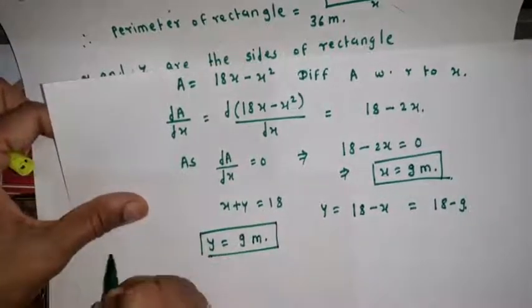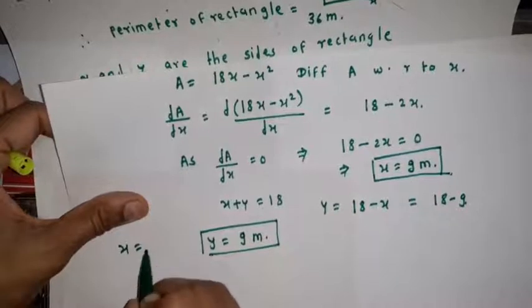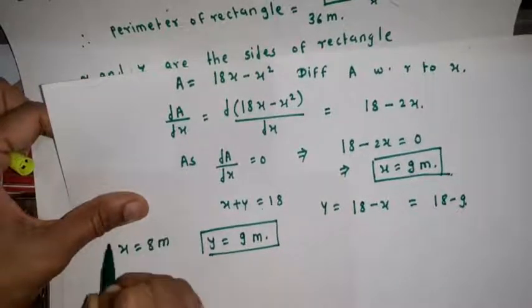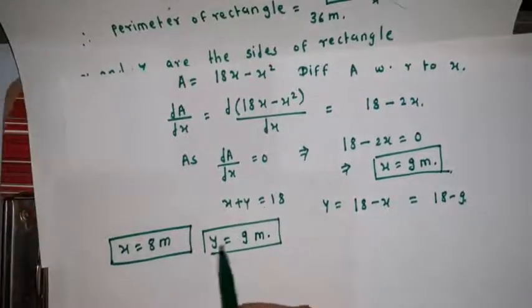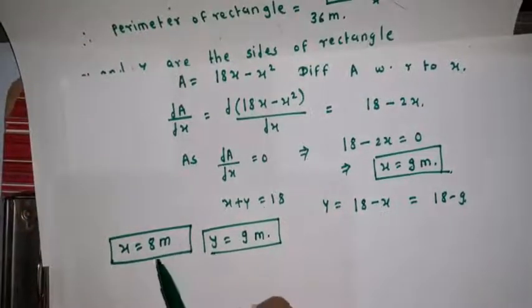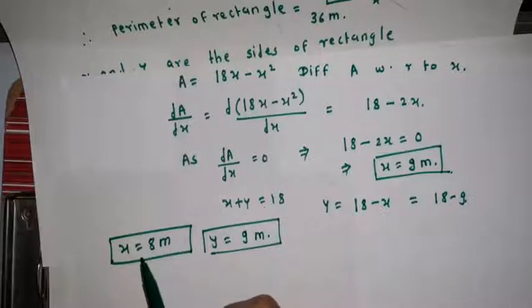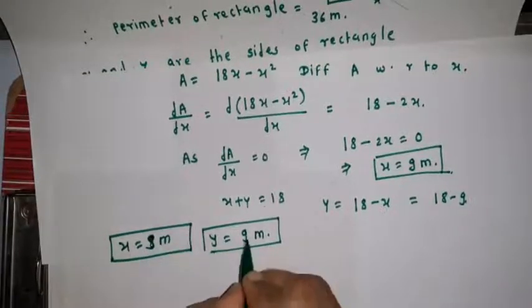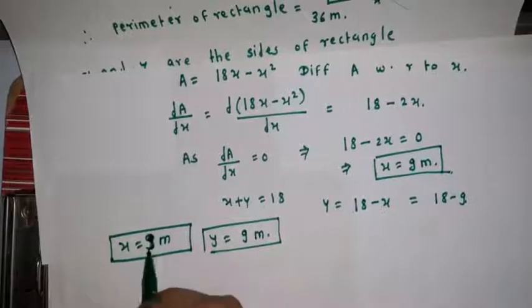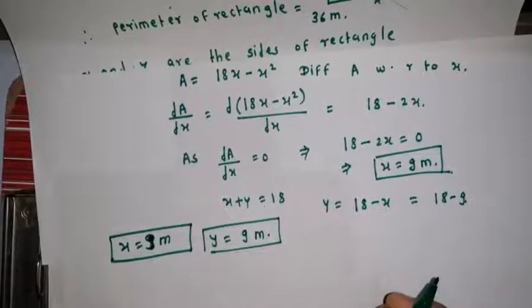By applying the first derivative test, dA by dx equals 0, we get the dimensions, the length and breadth, equal to 9 meters and 9 meters. Students, this is 9 meters and this is 9 meters.